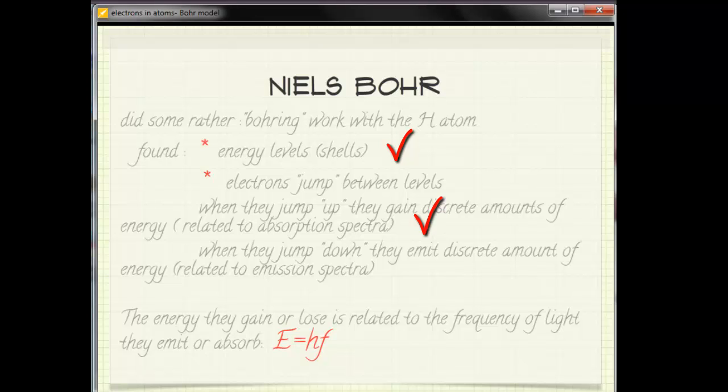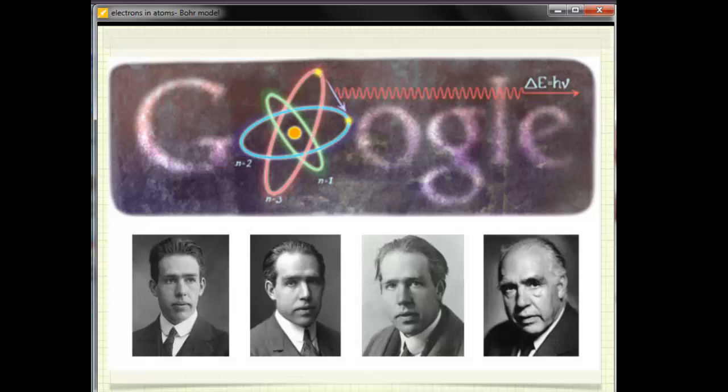They then immediately will jump back down to lower energy levels, and in the process give off discrete quanta of energy, which shows up as the spectral lines. We can calculate the energy in each jump by the color of light it gives off, and Planck's equation, energy equals Planck's constant times the frequency of that energy.